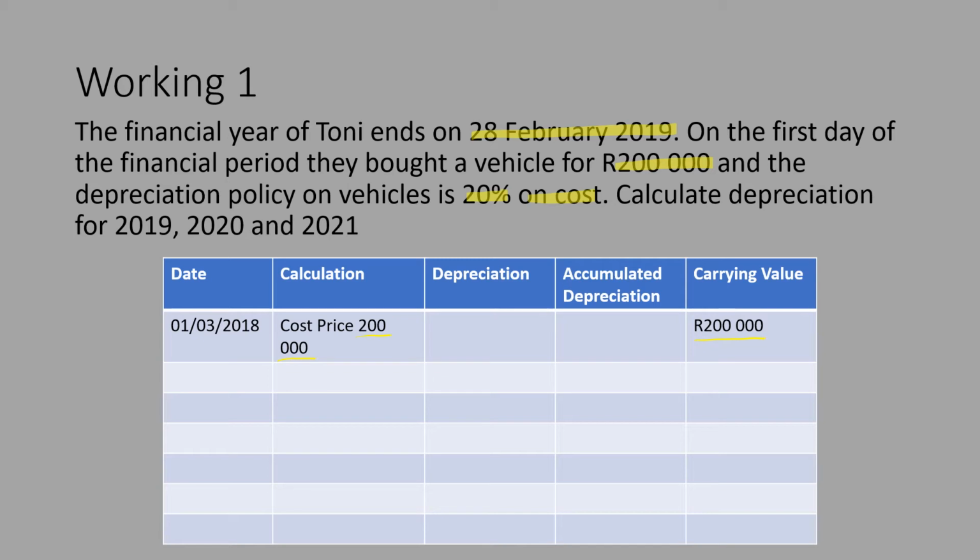But when you go to 28 February 2019, my calculation for depreciation will be 200,000 times 20%. That will give you a depreciation of 40,000, right?